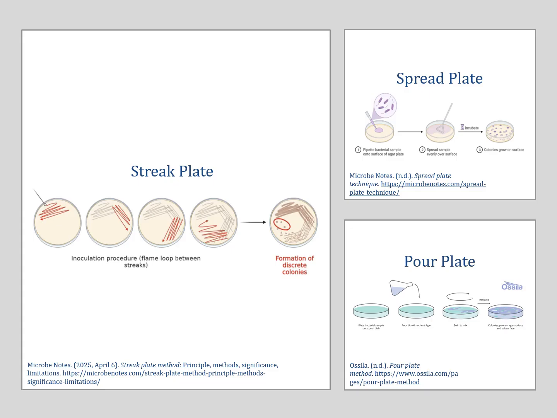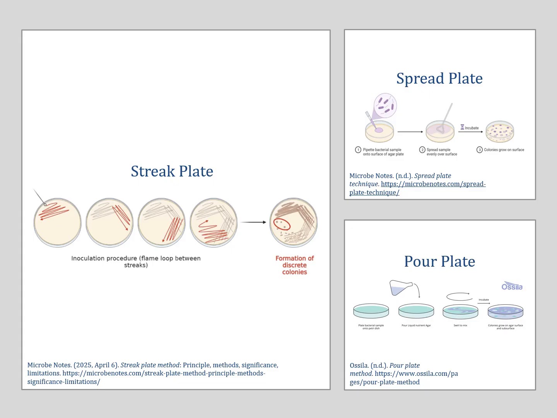During the pour plate, you take from your dilution tube and you mix it with the agar, and then you pour it inside the petri dish so that colonies form within the agar. For the spread plate, you just take from the dilution test tube and you put a sample on top of the agar and spread it evenly.